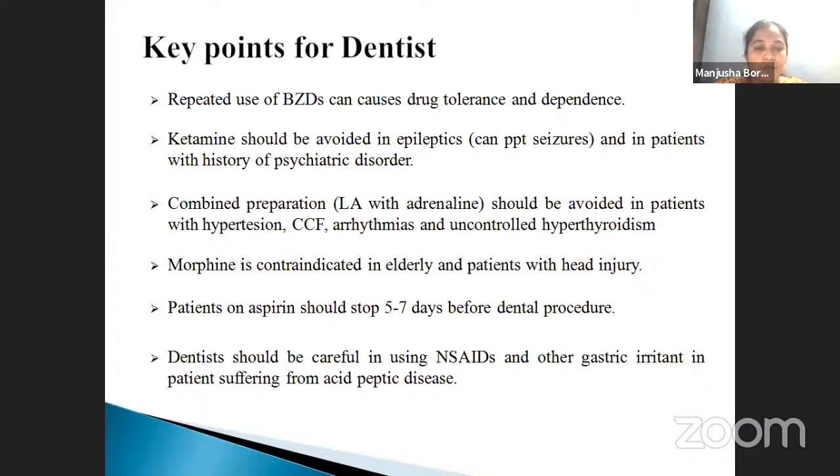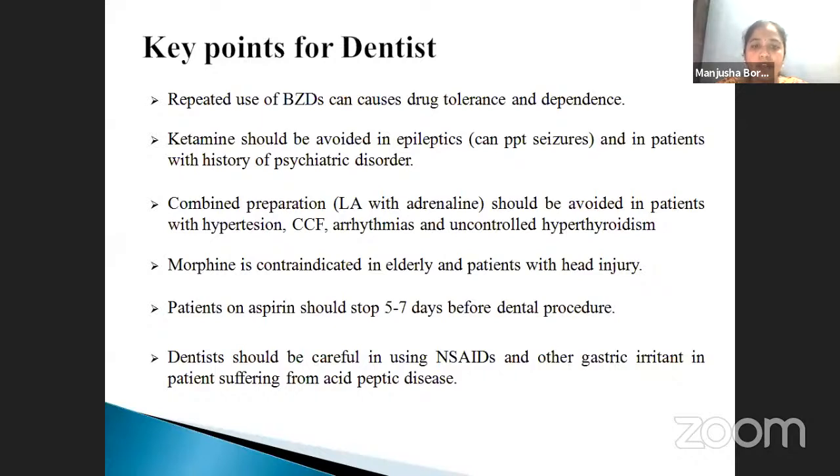Patients on aspirin should stop 5 to 7 days before dental procedures because of the antiplatelet activity of aspirin, which causes a bleeding tendency. So before any dental procedure, stop aspirin 5 to 7 days earlier.